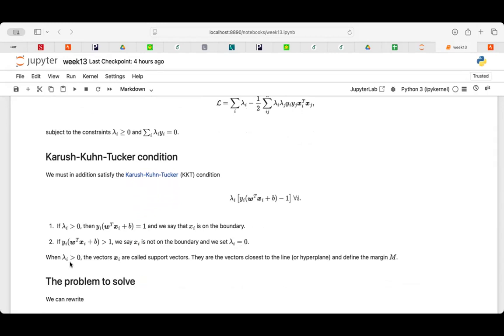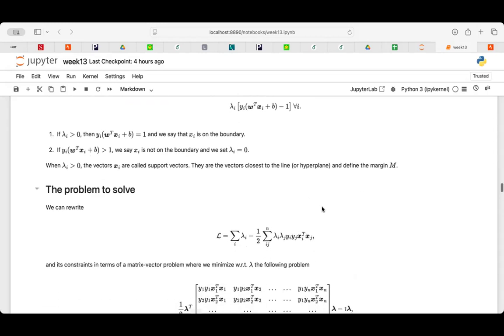So when lambda_i is larger than 0, then these vectors x_i, when this condition is fulfilled, they are called the support vectors. And they are the vectors closest to the line or hyperplane that defines the margin, which we discussed before the break. So with that information, then we can actually define the support vectors, and that is what is needed for us to be able to set up a classification problem.